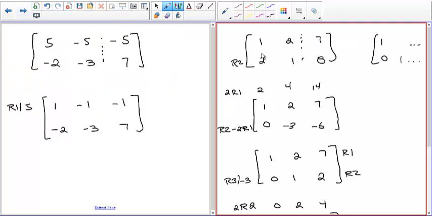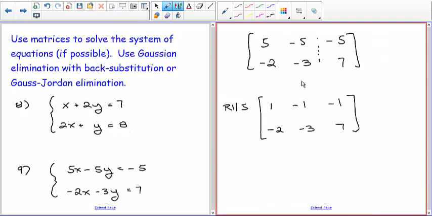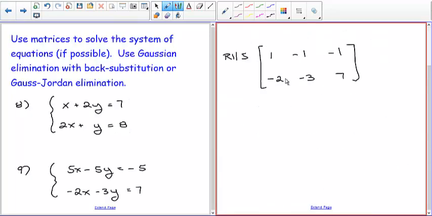Now we have a 1 in the upper left hand corner. So what we want to do here is replace row 2. We take row 2 and subtract -2 times R1, that's this number, times R1. Or we're going to take R2 and add 2 times R1.